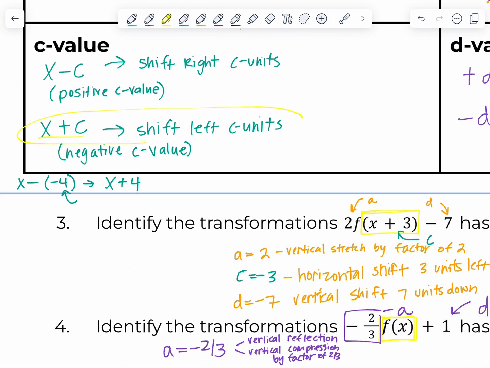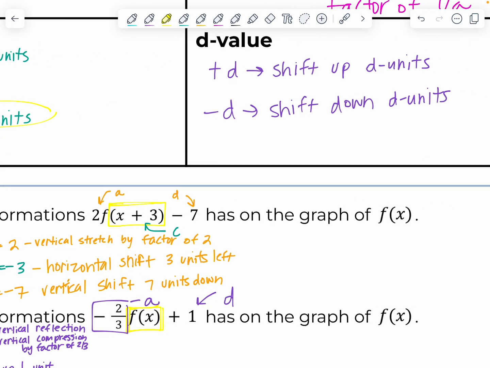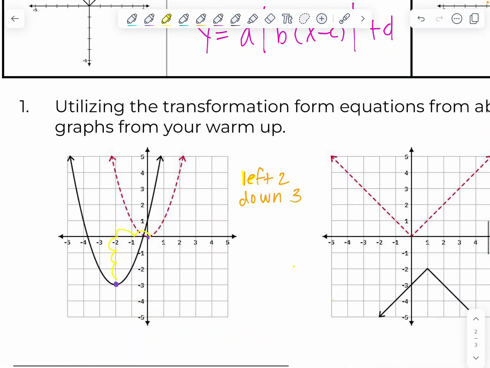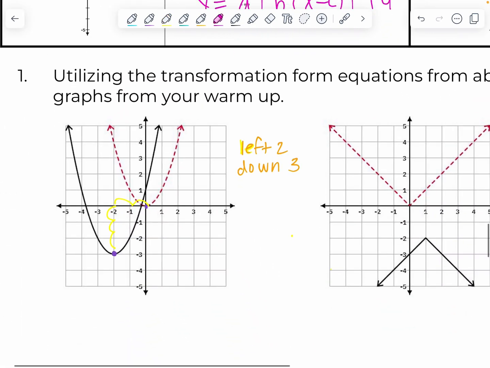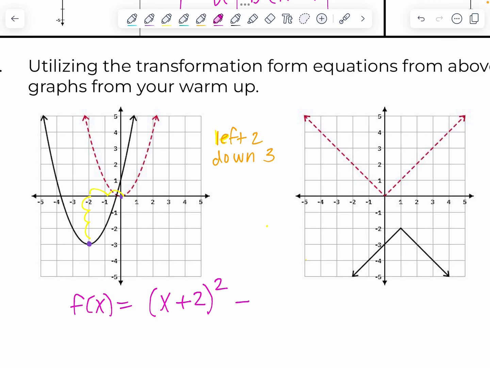So I should have an x plus a number to move it left. And then down, we should have a minus D at the end. So this function you're going to write as f of x or y equals x plus 2 squared minus 3.